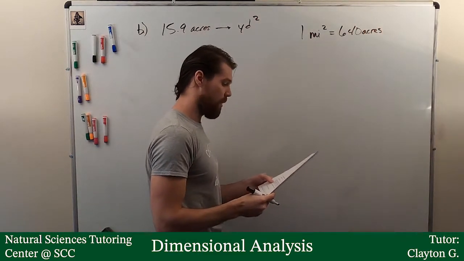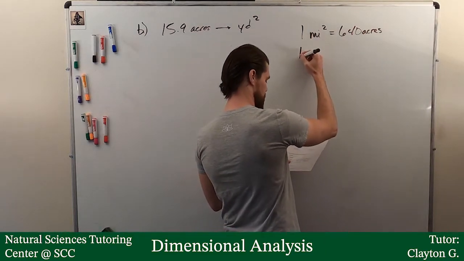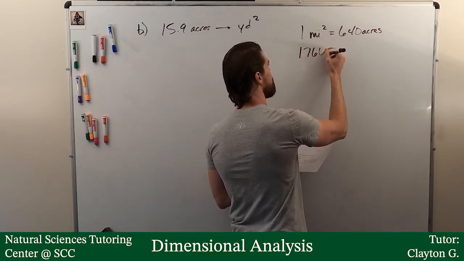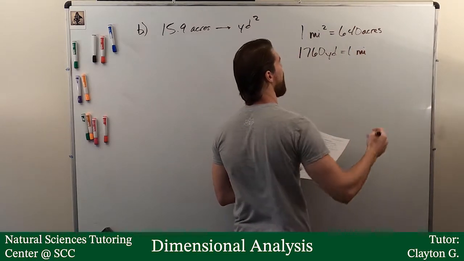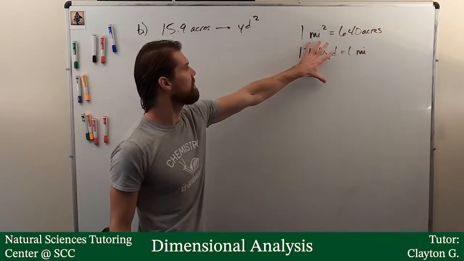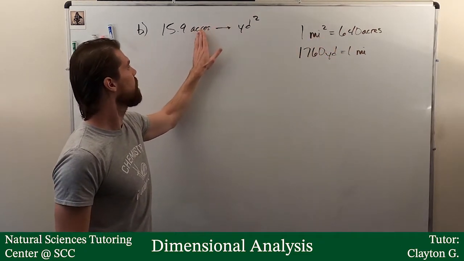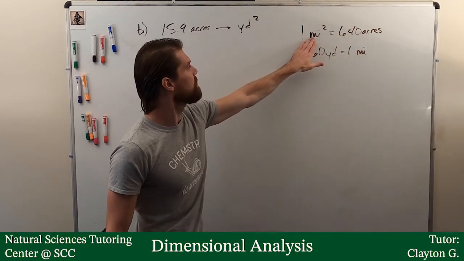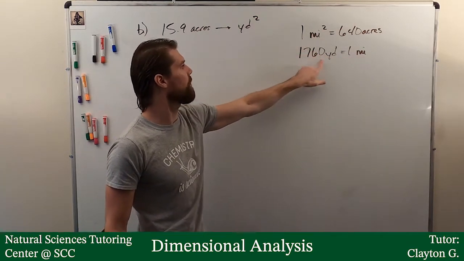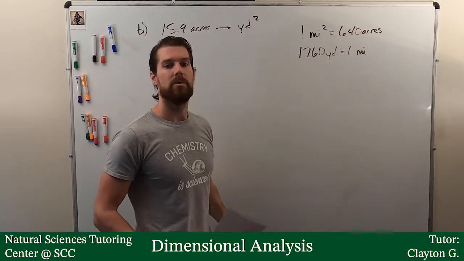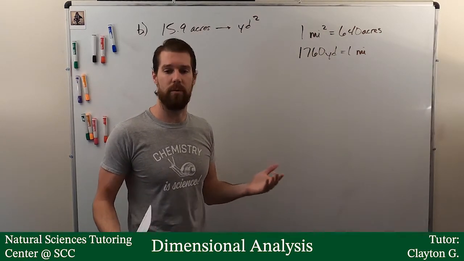Oh, and I have yards to miles. So I know that 1760 yards equals 1 mile. So here I can already see I can go from acres to miles, miles into yards, and I'm going to have to square something at some point here, okay? So just before we even start, we can kind of formulate a plan of attack.